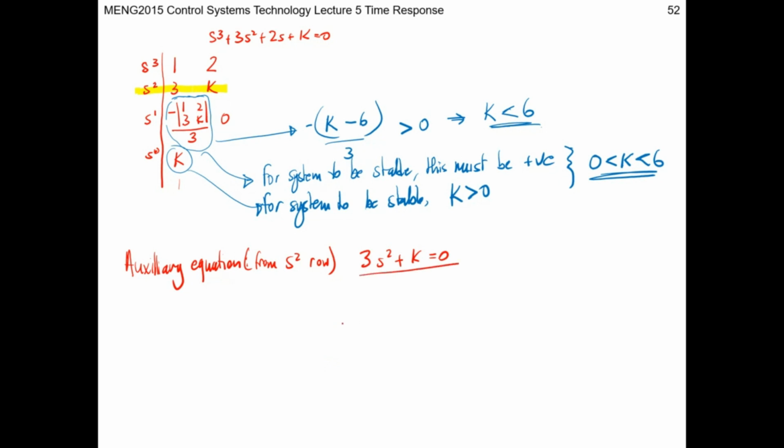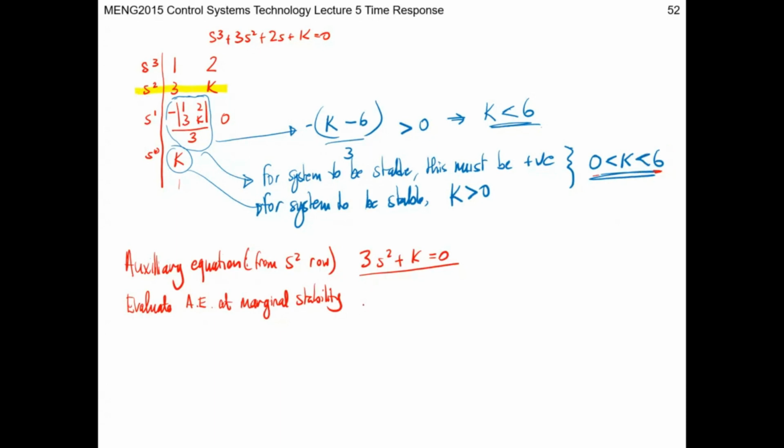Right, so that is our auxiliary equation, and we can learn some more things from it, because we can evaluate our auxiliary equation at marginal stability. What's marginal stability? Well, marginal stability is when k is 0 or k is 6. And really, k is 0 is irrelevant, so it would be k equals 6.